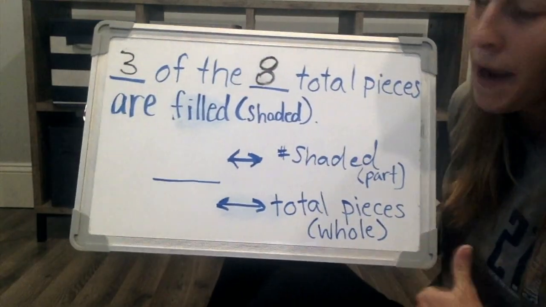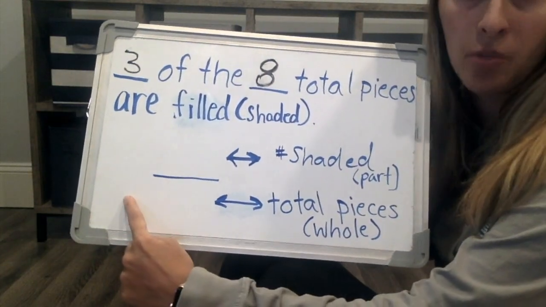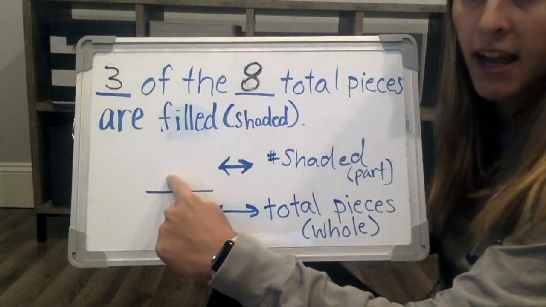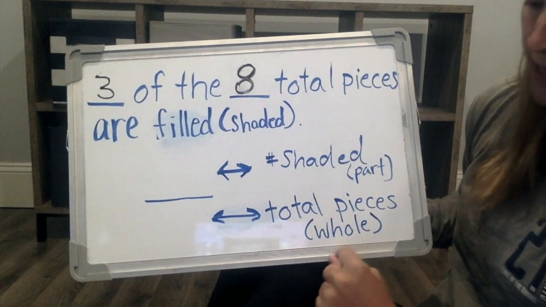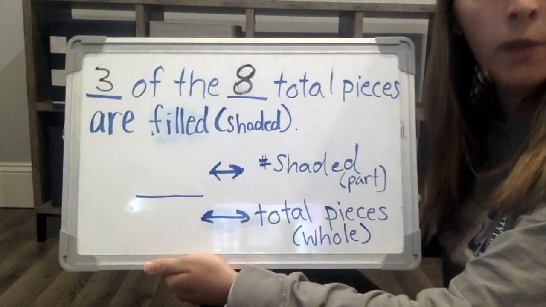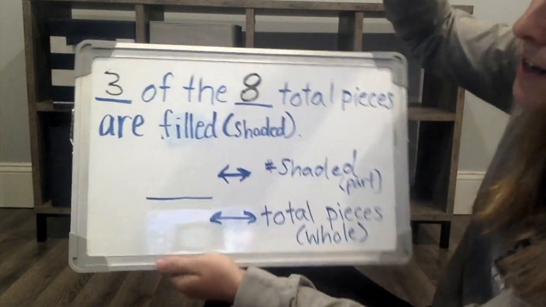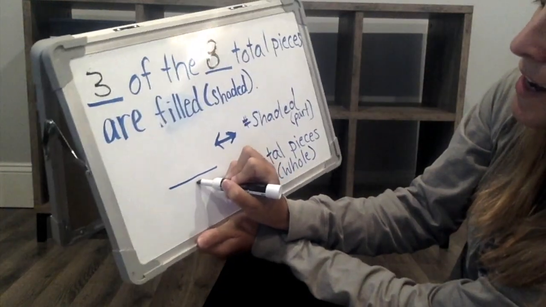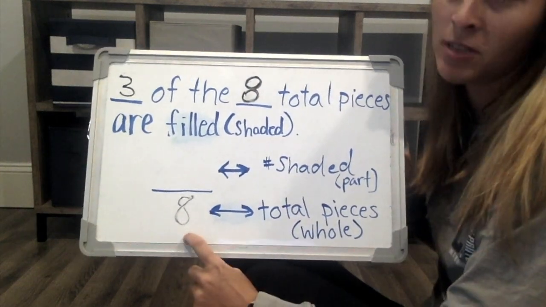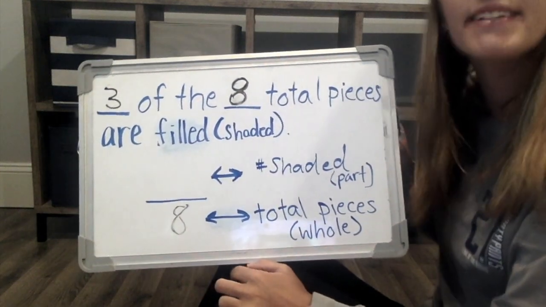Now how we show that in fraction form is the number of shaded parts on top and the total pieces or the whole on the bottom. So we had a total of 8 pieces. There's a fancy word for that bottom one, and that's called the denominator.